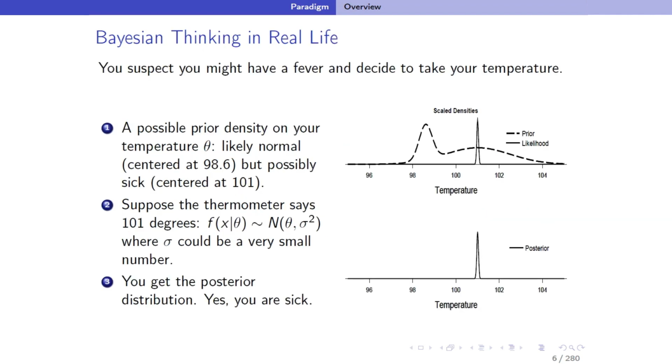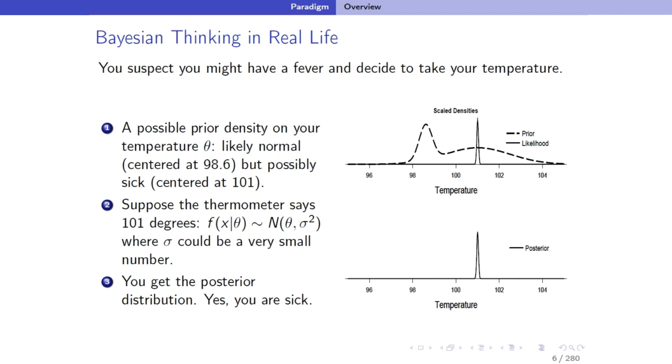This is a simple example of how Bayesian thinking in real life works. Suppose that you suspect you might have a fever. That's your parameter, the unknown theta that captures your body temperature, and you want to take your temperature. Because you don't know what your body temperature is, you can have a prior guess.